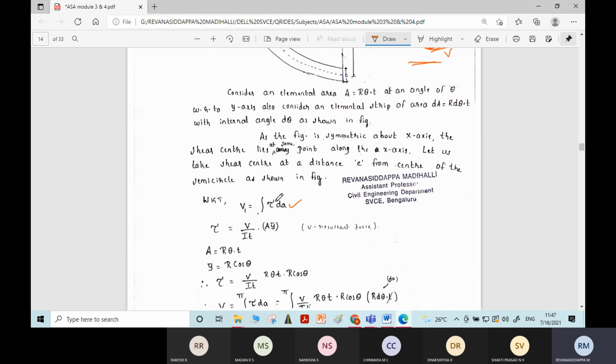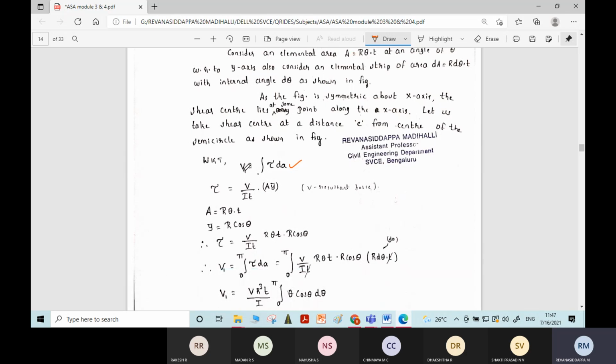Shear force V1 is nothing but shear stress into cross-sectional area dA, and for this shear stress the formula is V by IT into A Y bar.